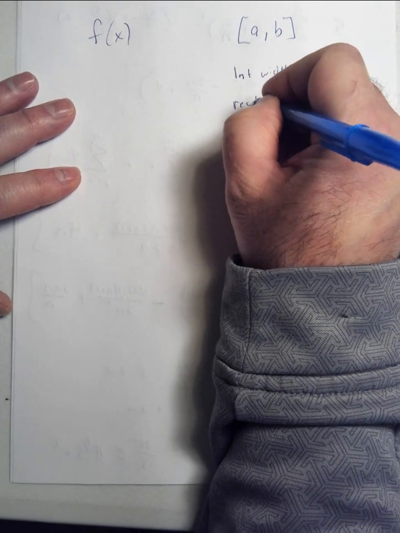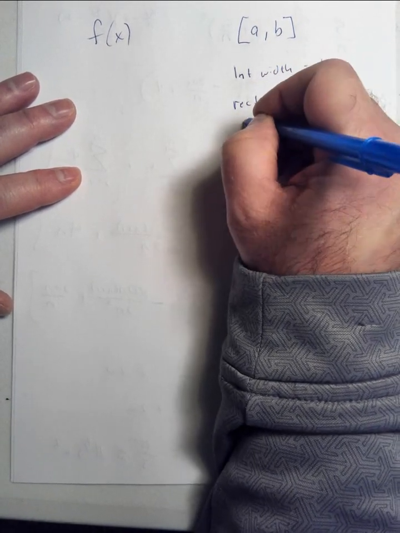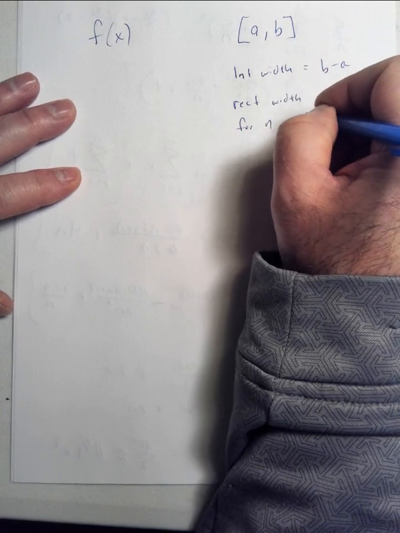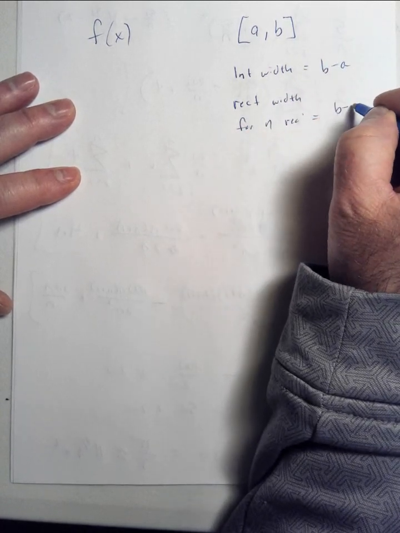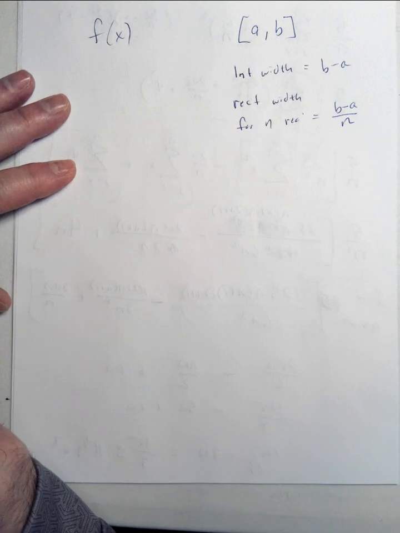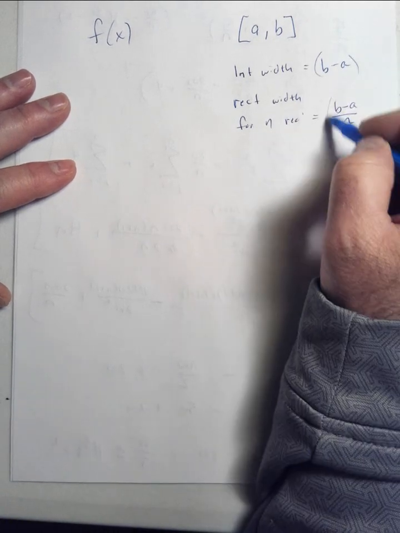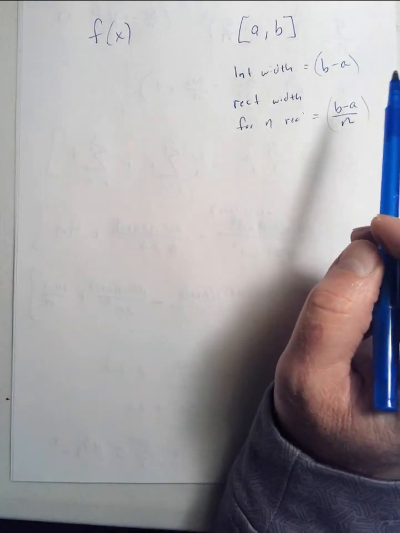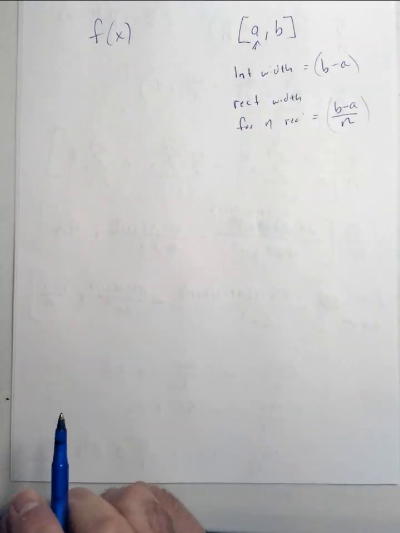So my rectangle width for n rectangles is my interval width divided by n. So that is my rectangle width. All right, interval width, rectangle width. And then a is my starting point, and that's important to remember.